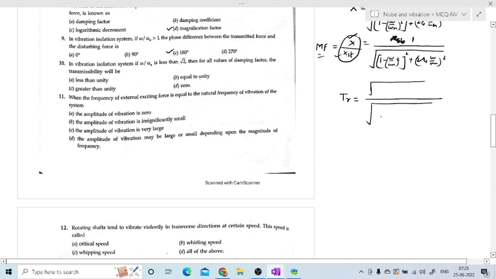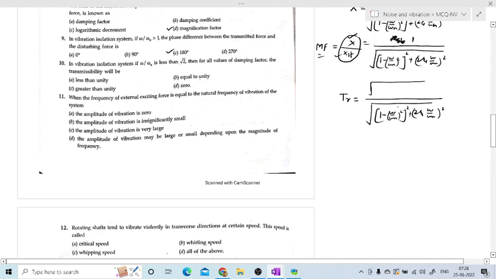Just see, you have to write the formula of x, means denominator of x. This denominator is [1 minus (omega by omega n)^2]^2 plus [2 zeta omega by omega n]^2.